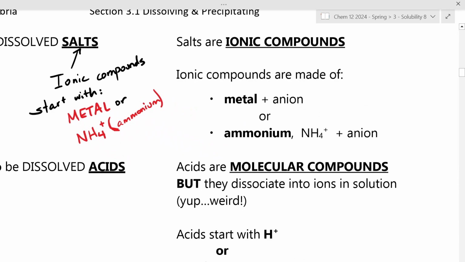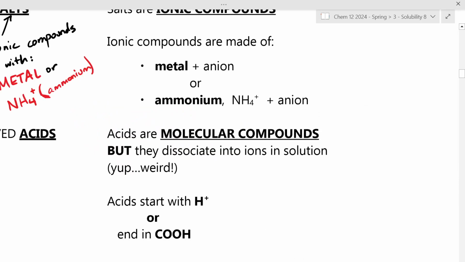Electrolytes can also be dissolved acids. Now, technically, acids are classified as molecular compounds because they're all nonmetals. However, they do dissociate into ions in solution. We just spent a whole unit looking at ions dissociating in solution. How do you know that you have an acid?